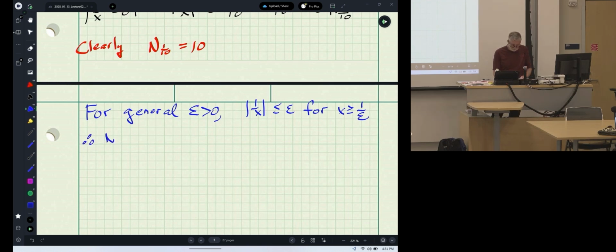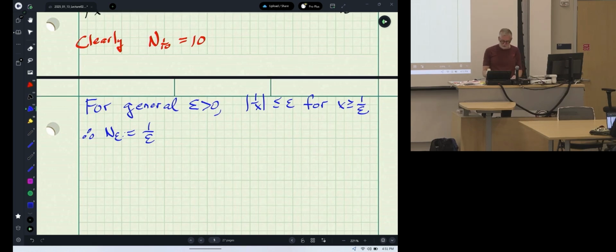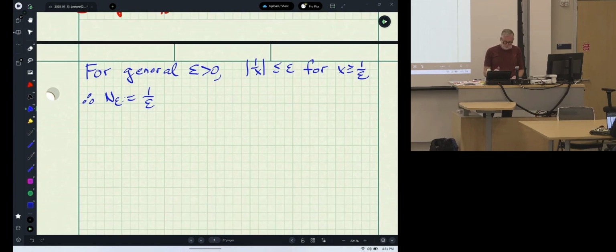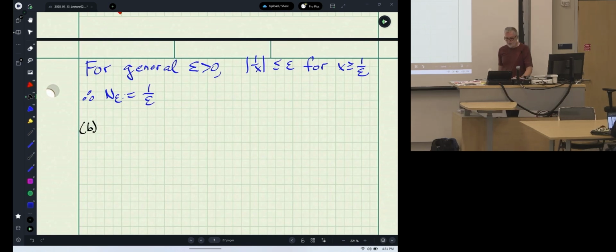And hence, n sub epsilon you can take to be equal to 1 over epsilon. So it depends on epsilon. And this one's tight. Did we have to compute it tight? No, I could have put 11 over epsilon and it's still fine. Okay, so those type of bounds are really straightforward, and we're going to move in just a little bit to problems that are not so straightforward. Let's just do one more straightforward problem.